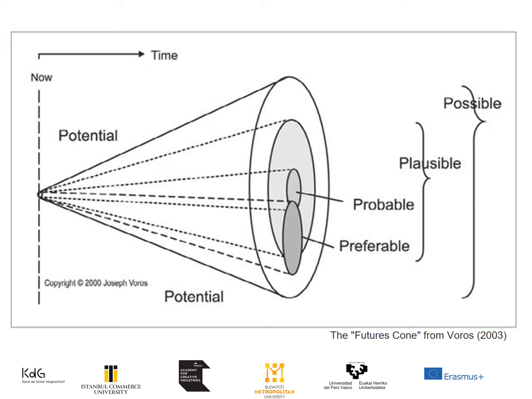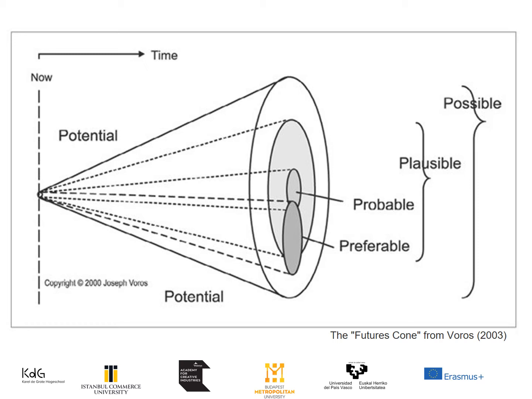Also, futures is plural. Every person has other kinds of assumptions, and even within one person there can be different kinds of assumptions about the future. To open our assumptions and make them more conscious and to broaden our imagination, we can use different kinds of futures. The future cone is a model that can be used to broaden this perspective on the future.